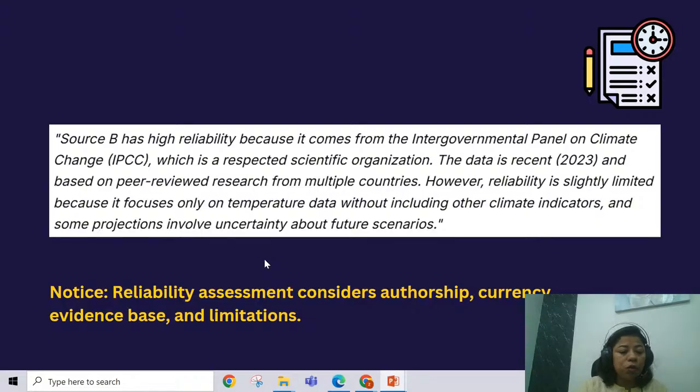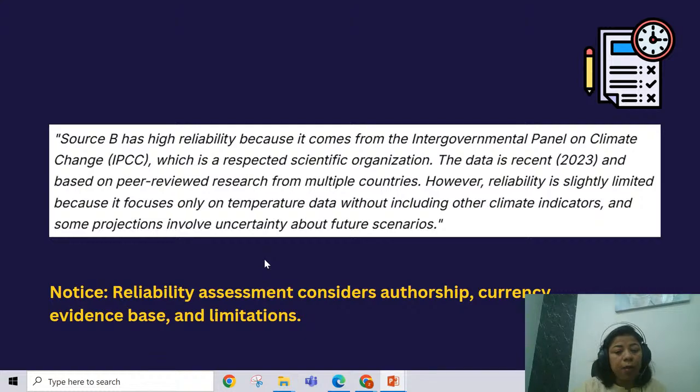So don't get confused with source A and B. I have simply picked up the sources to explain the context of these words, how they are used in the answer. The data in source B has reliability because it comes from the Intergovernmental Panel on Climate Change, that is IPCC, which is a respected scientific organization. The data is recent, that is 2023, and based on peer reviewed research from multiple countries.